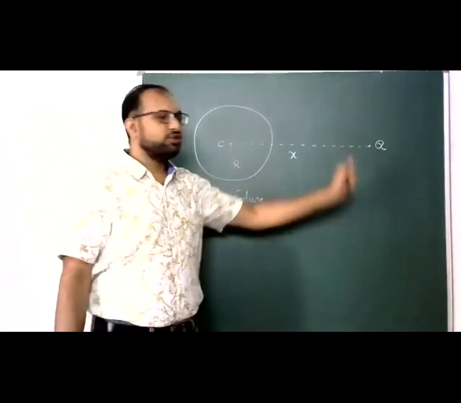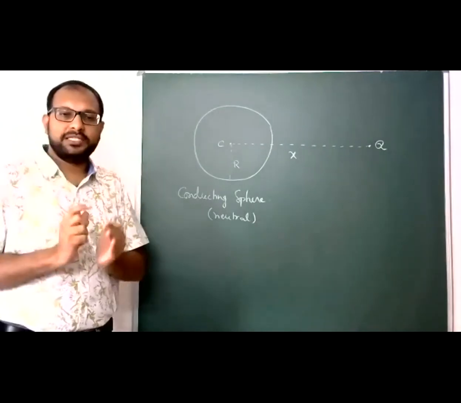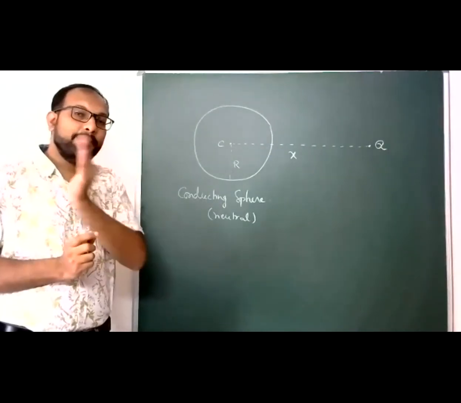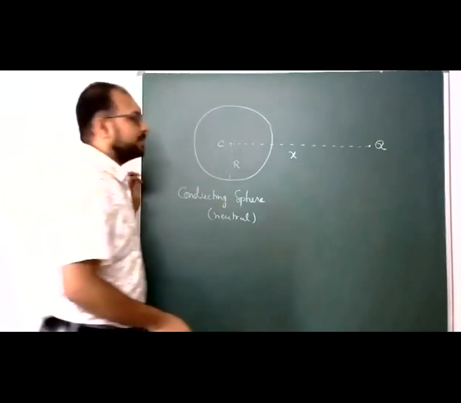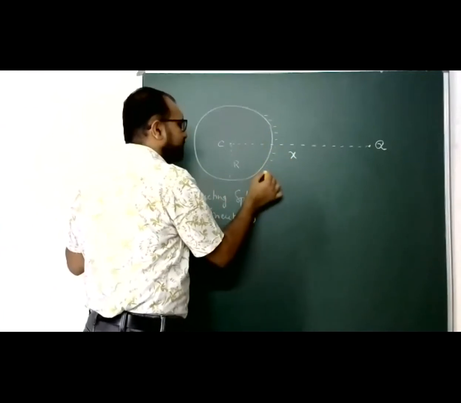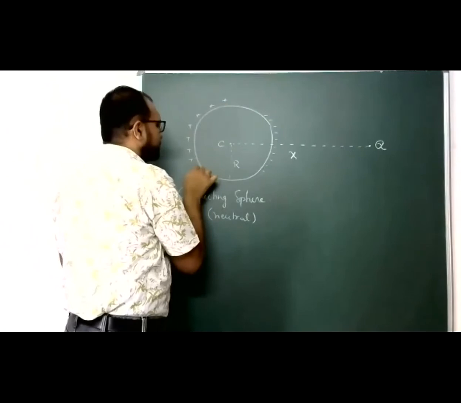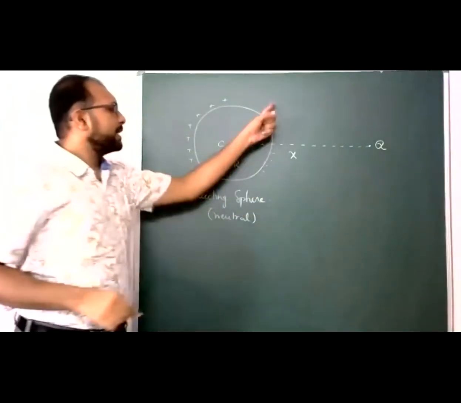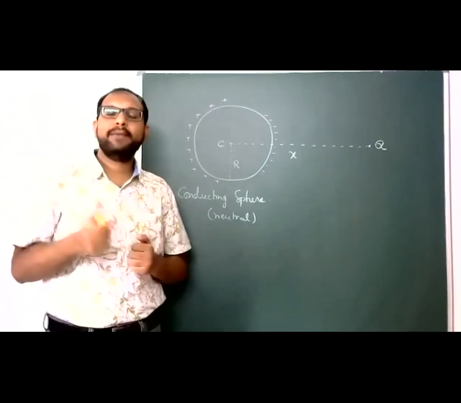Because of this positive charge, there is a separation of charge, that is negative and positive, on the surface of this sphere. So definitely here some negative charge will come, here some positive charge. But whatever may be the negative charge, positive charge also same magnitude.